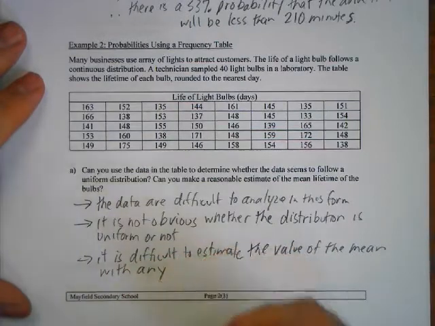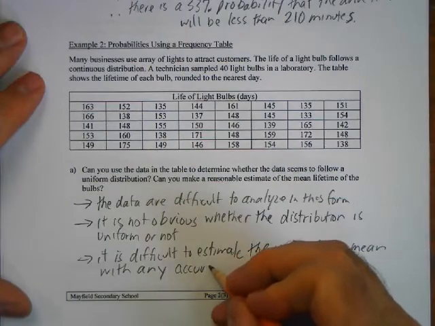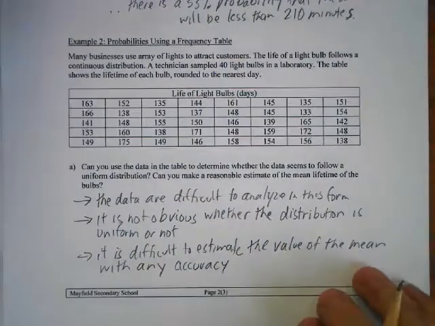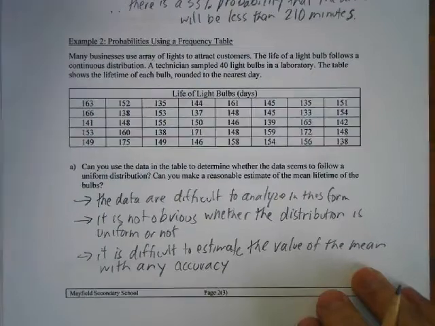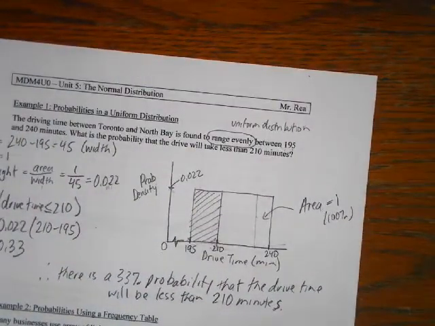It would just be a guess. Okay, so what do we do? Well, if we go to the next page, hopefully we get a nice suggestion as to what to do.